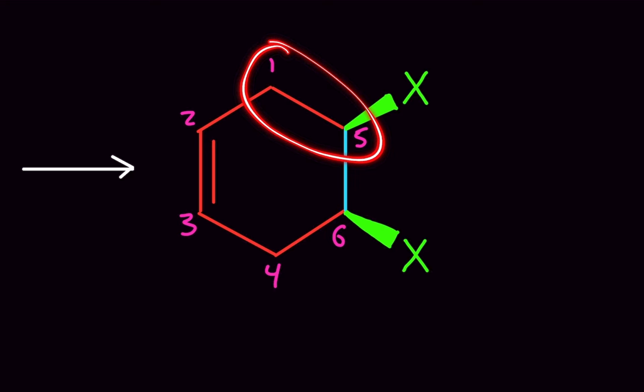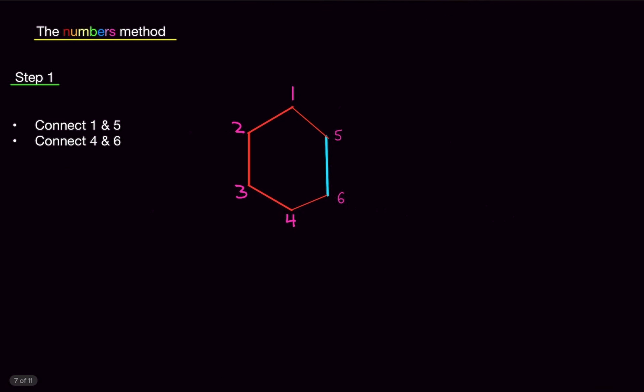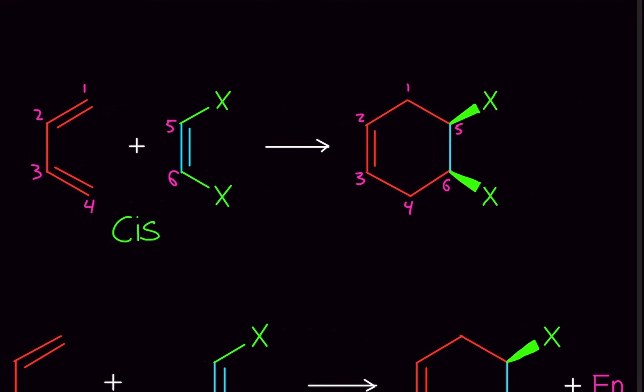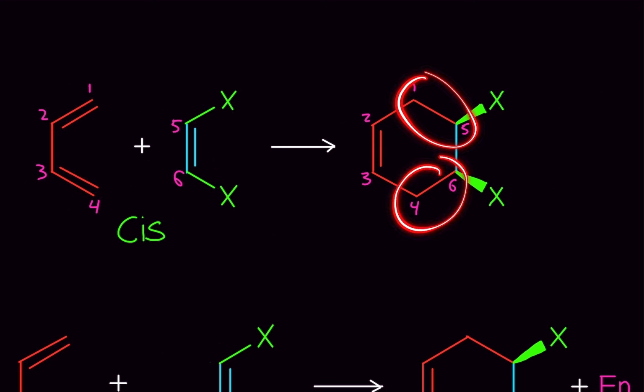Number 1 and number 5 bond together like step 1. So I said connect 1 and 5, connect 4 and 6. So that's exactly what we did. We bonded 1 and 5 and 4 and 6, and then we just attached the functional groups. Whatever's on 5 goes on 5, and whatever's on 6 goes on 6.